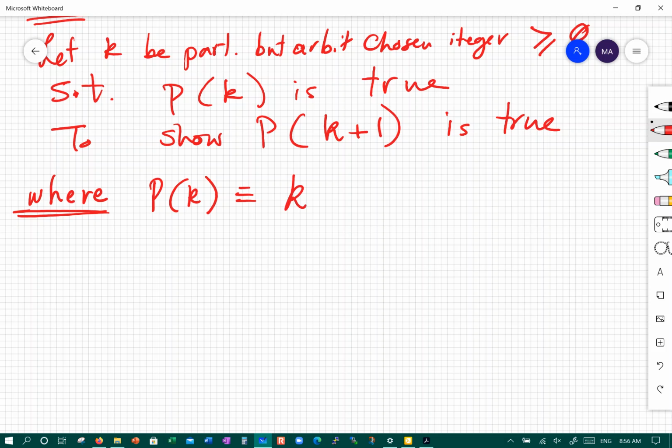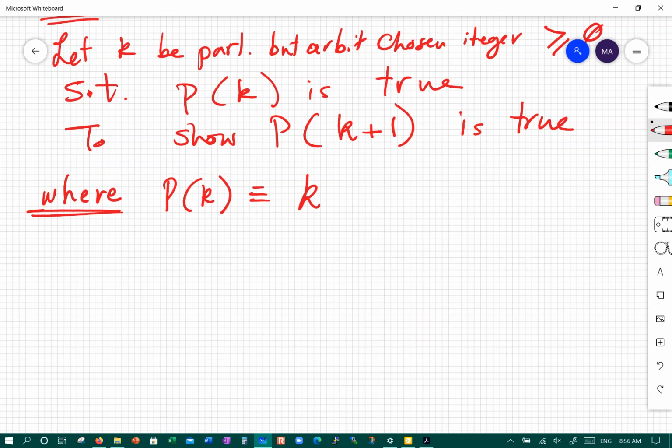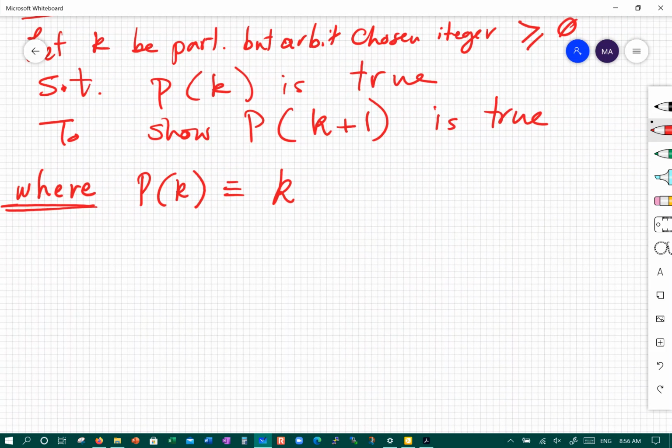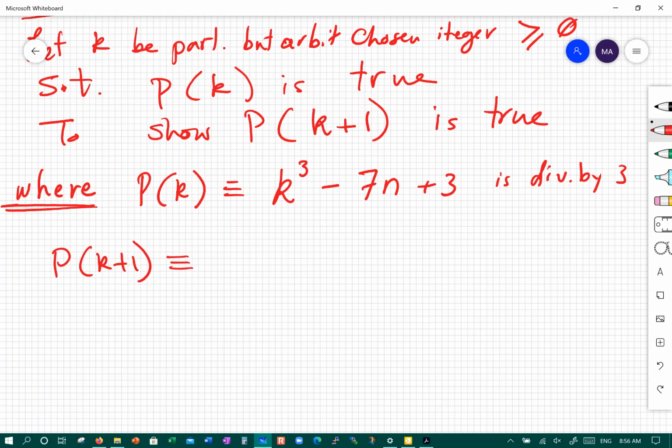I'm replacing every n in P of n with a k. And P of k plus 1 means the same thing: replace every n in the property P of n with k plus 1. That's why we had to write P of n at the very beginning, so that we can easily compute what P of k and P of k plus 1 are.